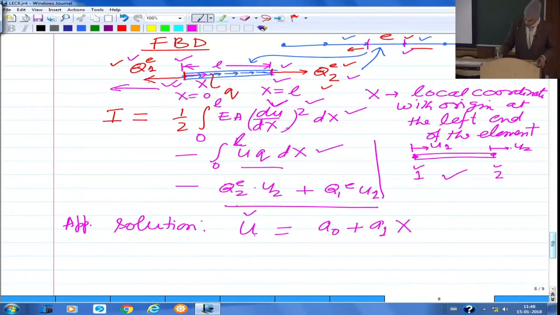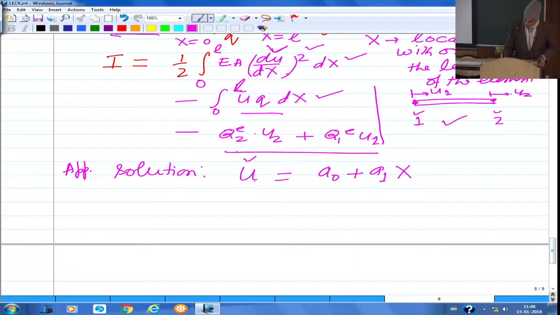And so in the approximate solution, since there are two elemental degrees of freedom, we can have at the most only two unknown constants. If I want one more term a2X squared, it's not possible, because we would have three unknown constants in the approximate solution, which you are going to express in terms of these unknowns. You can't do that. So first we wrote a linear polynomial, the minimum required from the differentiability point of view.